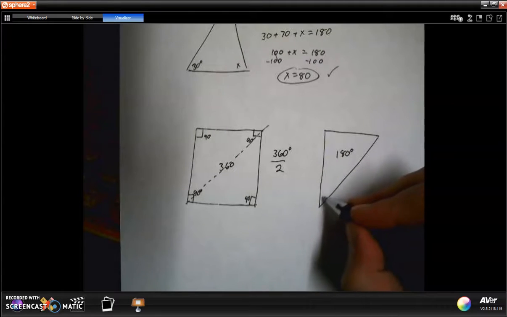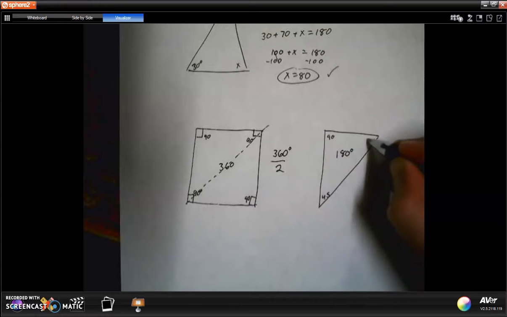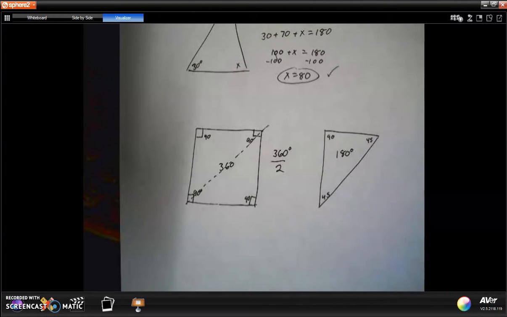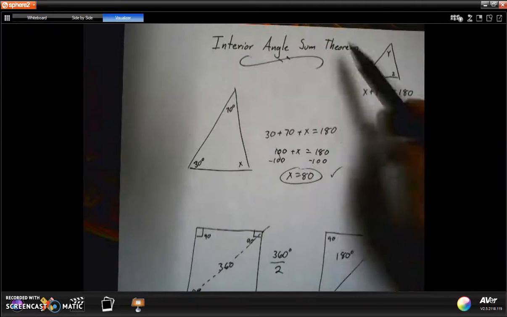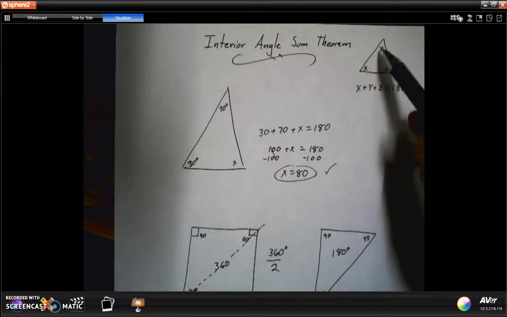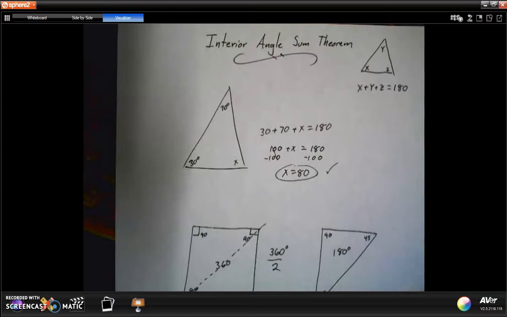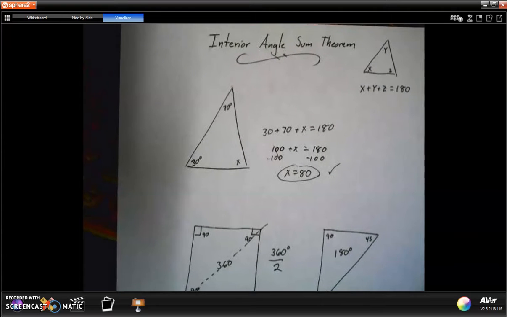The three angles would then be 45, 90, and 45, because I cut them in half, and they add up to equal 180 degrees. Therefore, the interior angle sum theorem says all three angles of a triangle add up to 180 degrees.